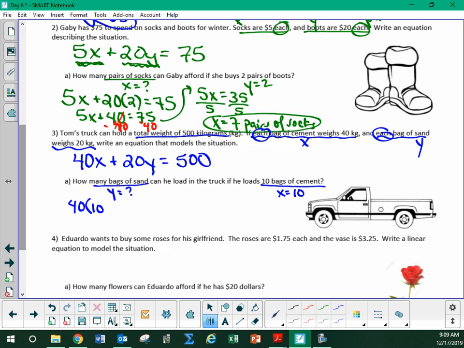40 times 10 is 400, plus 20y is 500. So we get 400 plus 20y is 500. And again, I'm just solving at this point. So minus 400, minus 400.